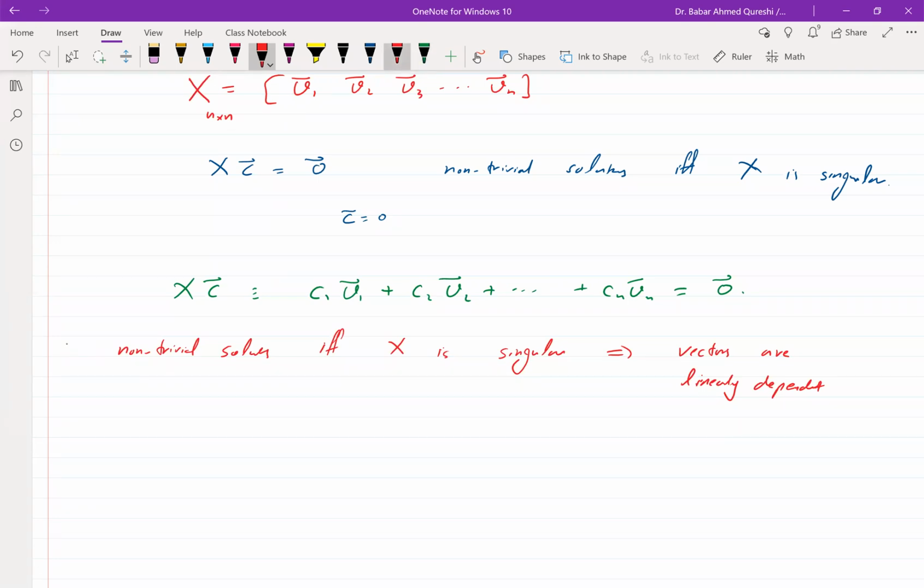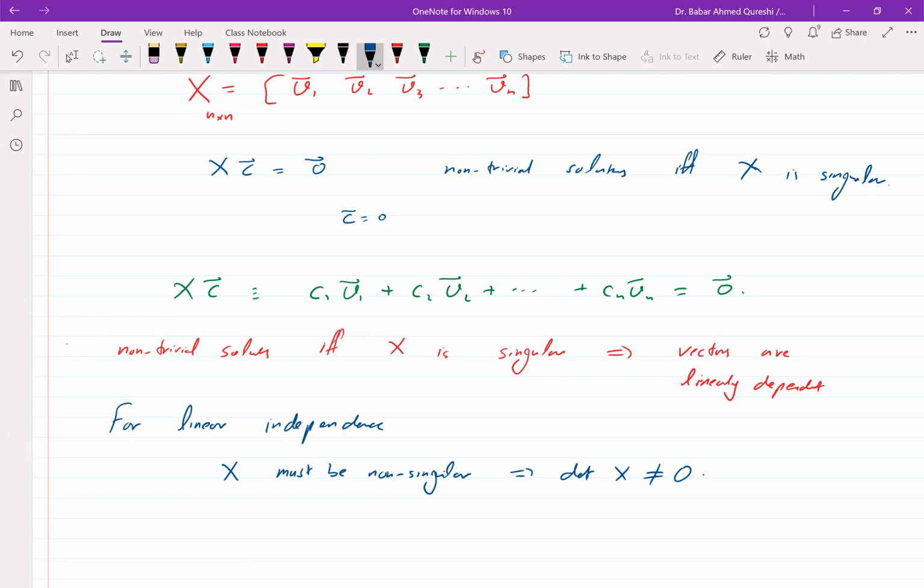So for linear independence, the determinant of x must be non-singular, that is, the determinant of x is not equal to 0.